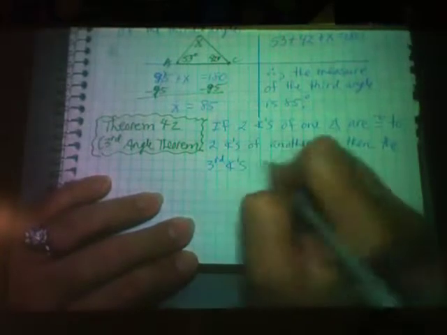The third angles of the triangles are congruent.